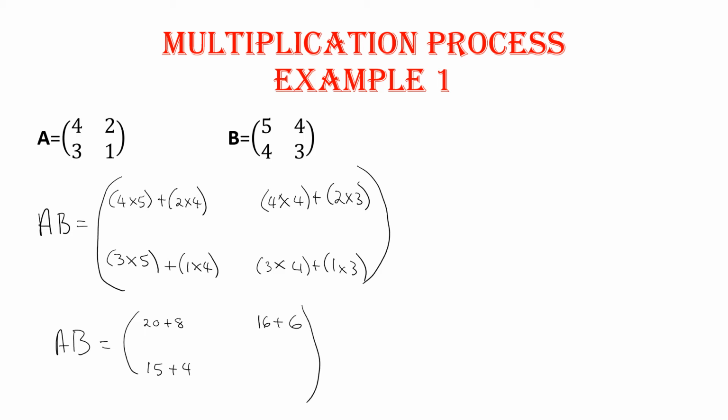And then we have here 12 plus 3. And ultimately that leaves us with AB being equal to 28, 19, 22, and 15. This is matrix AB. This is our final answer.